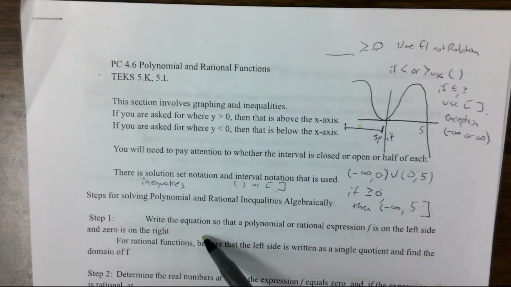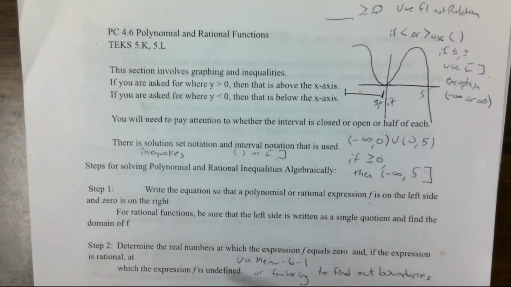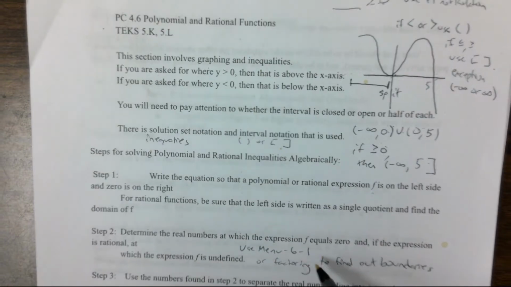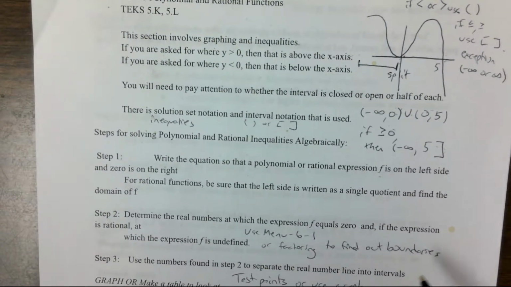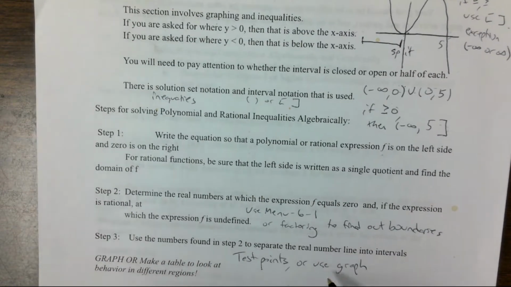Write the equation so that you have 0 on the right, and get a single quotient. You want to determine your real numbers where it equals 0, and if it's rational, where it's undefined. Remember to use menu 6.1 or factoring to find the boundaries. You also want to use the numbers in the previous step to separate into intervals.